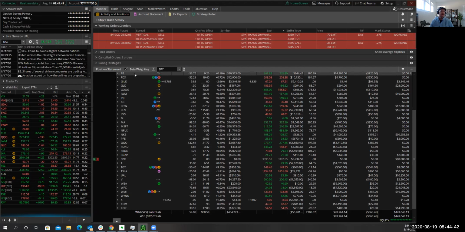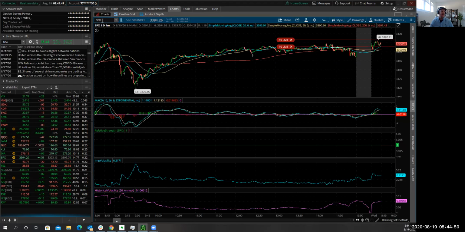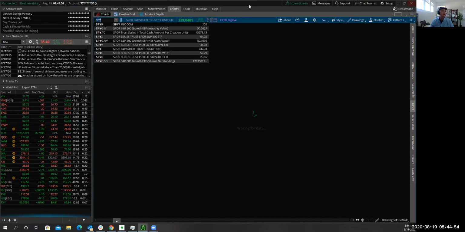So it beta weights it against the SPY. SPY is currently trading at $339.03.